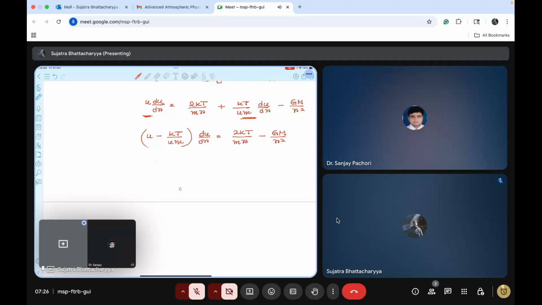And what else you can do is that 1 by u you can take common, and you have u squared minus kT by m, because 1 by u you have taken common, du/dr is equal to 2kT by mr minus GM by r squared. So this expression is the final expression of this derivation.